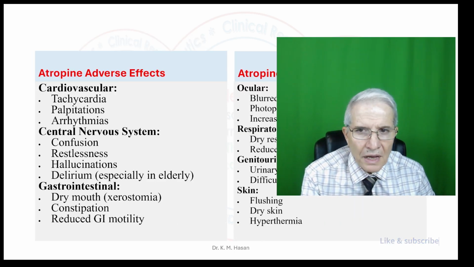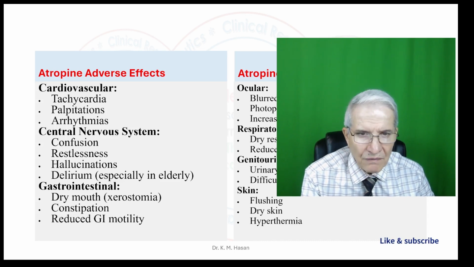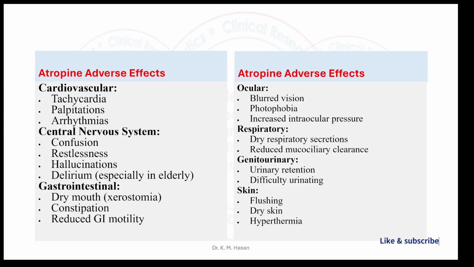Okay, moving to the adverse effects, we have a long list regarding atropine. As you can see here, atropine adverse effects: cardiovascular, atropine causes tachycardia, palpitation, arrhythmias; atropine causes confusion, restlessness, hallucination, delirium, dry mouth, constipation, reduced motility; atropine causes blurred vision, photophobia, increased intraocular pressure; respiratory.